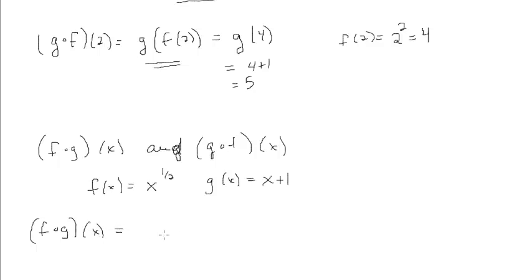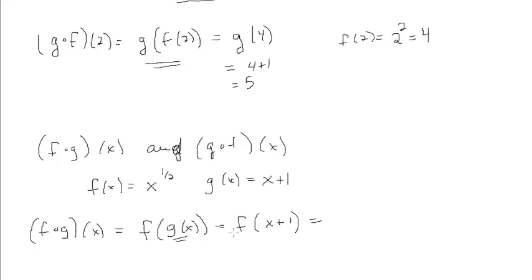Again, the first thing you want to do is rewrite it in this notation. So this means f of g of x. That means that I go to the f function and I replace x with g of x. So what is g of x? x plus 1. So this is the same as f of x plus 1.